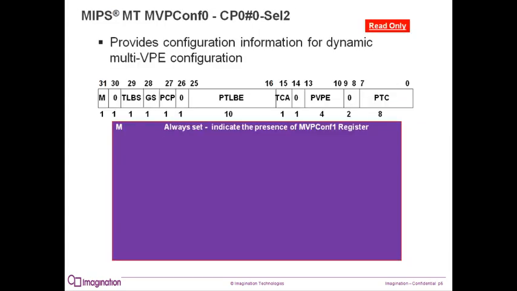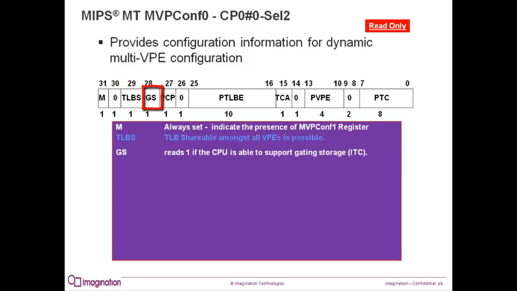The next two registers provide read-only multi-threading specific configuration information about your core. The TLB shareable bit indicates that TLB sharing amongst all VPEs is possible. This will be set if both VPEs have a TLB. Remember, TLB sharing is enabled by the STLB bit of the MVP control register.